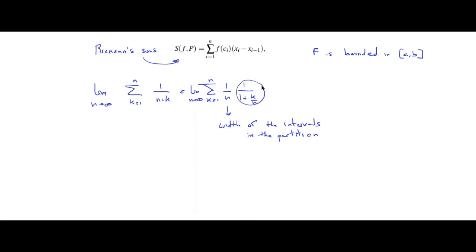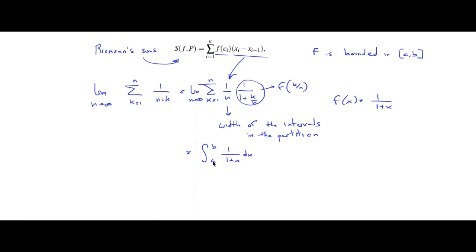And this is f at the point k over n, where the function f is 1 over 1 plus x. So this is f at some point in the interval, times the width of the interval, and this is the sum. And we know that the limit of this is going to be the integral of this function between a and b.